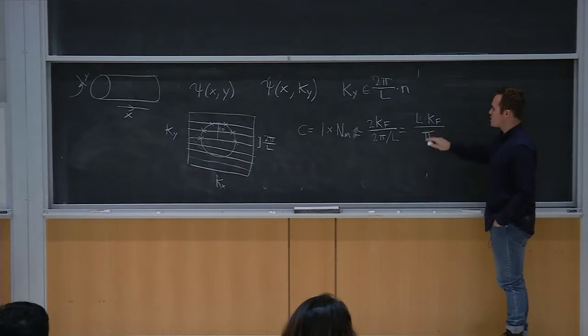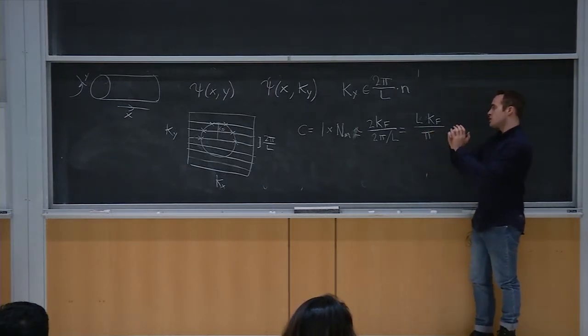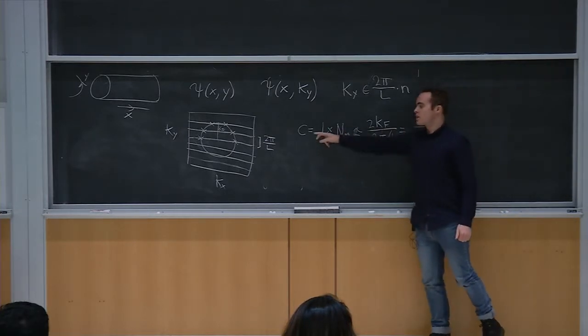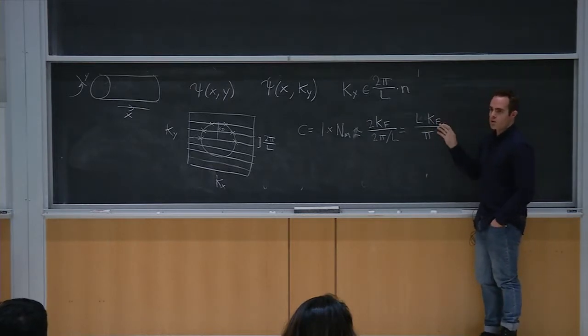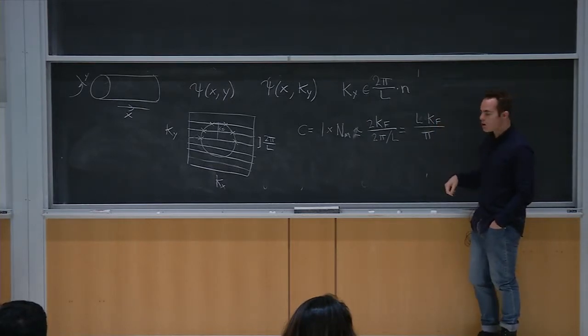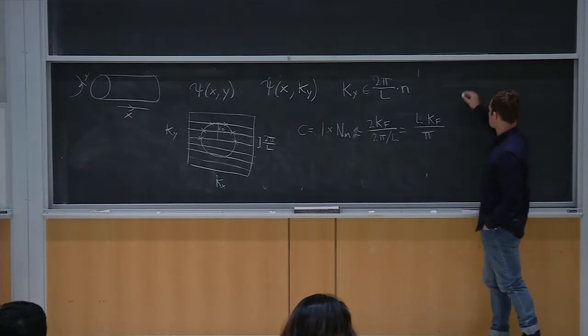So the prediction is pretty simple. It says that if we were to measure the central charge for a sequence of cylinders with progressively larger circumference, I should see the central charge going up linearly in circumference. There's another name for this, which is the Widom law, the L log L growth of entanglement. So let's plot what this would look like.